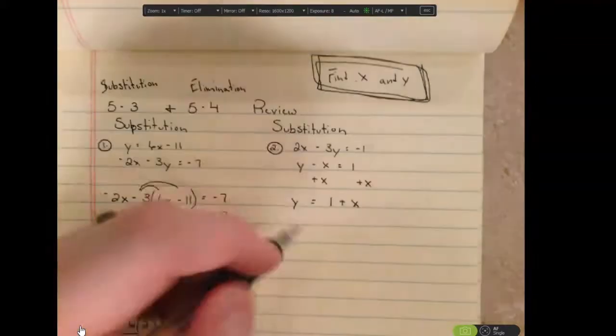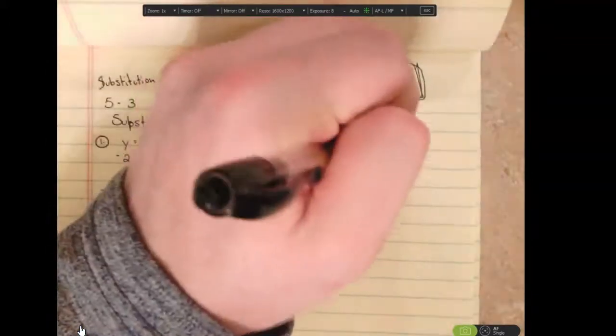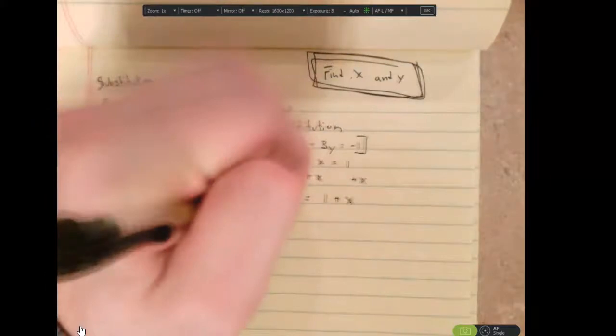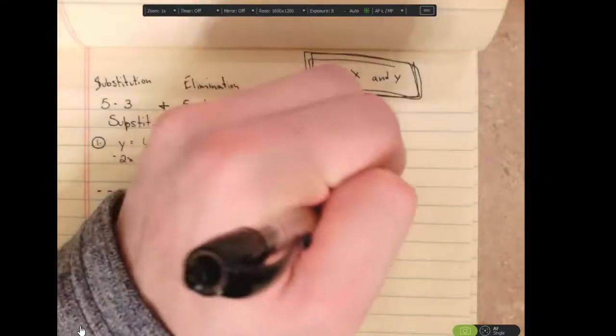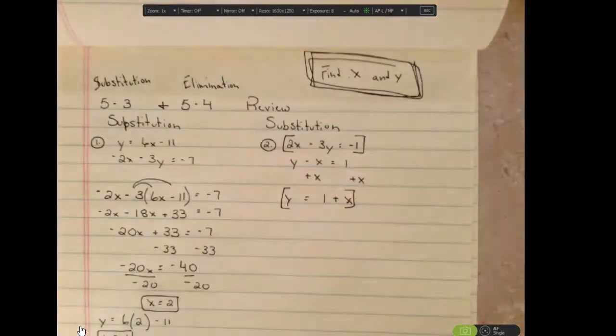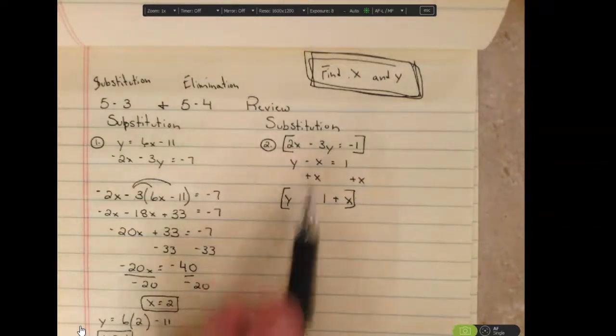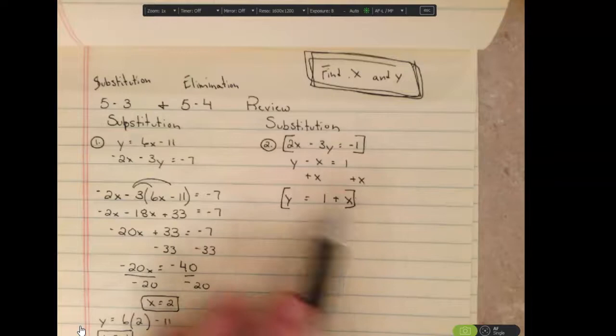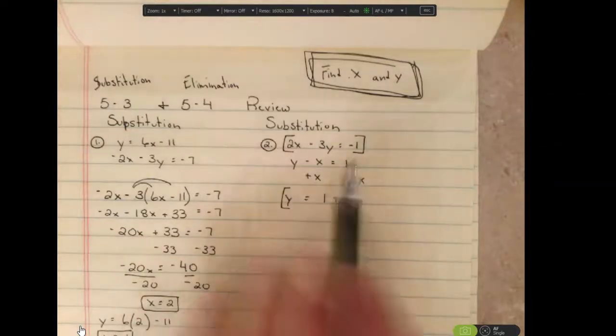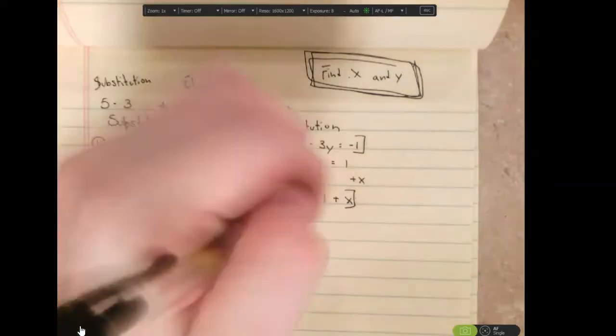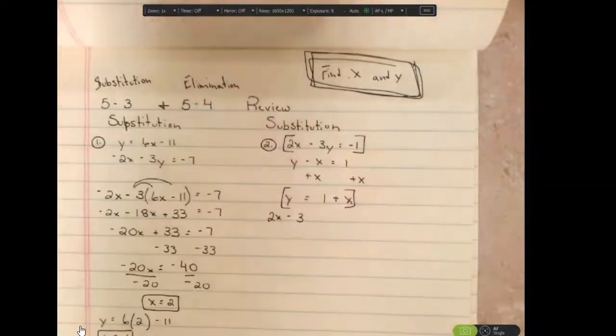So now I've got two equations, and one of them is equal to a variable. So I can begin to solve now. So I'm going to plug in 1 plus x everywhere that I see a y in this top equation. So let's go ahead and begin. So 2x minus 3.